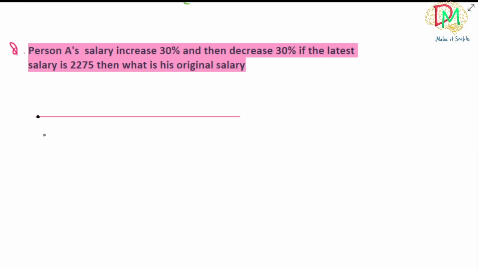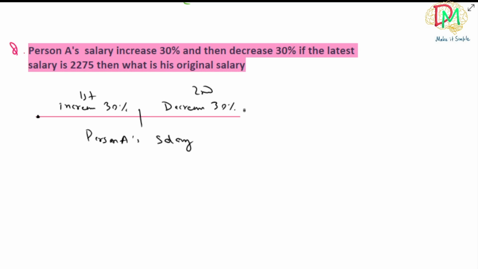This is the person A. First the salary increases 30%, next decreases 30%. This is second, and the latest or final salary given is 2275. So this is the original salary.